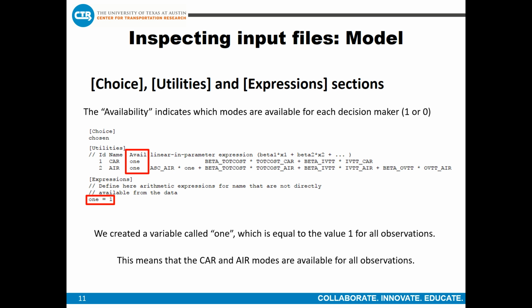You could create a scenario where the car isn't available to some people, or the air alternative isn't available to some people. That makes more sense when we're talking about 3 or more alternatives. But if you have a data set where not all modes are available to all people, this is where you edit that.